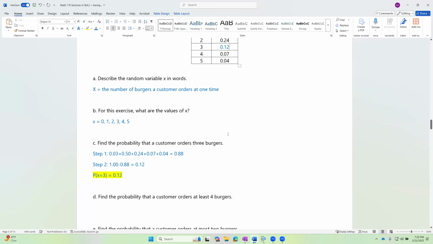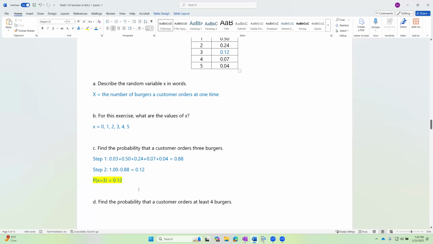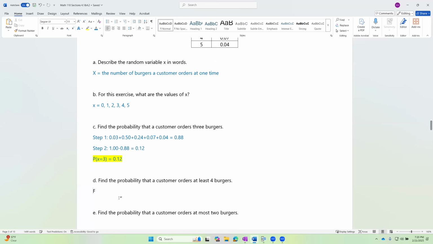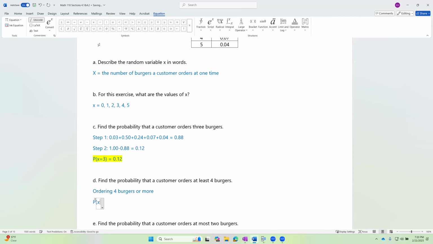At least 4 burgers means they're ordering 4 burgers or more. And that translates to this notation, which means X is greater than or equal to 4.